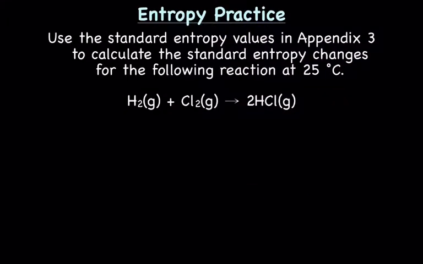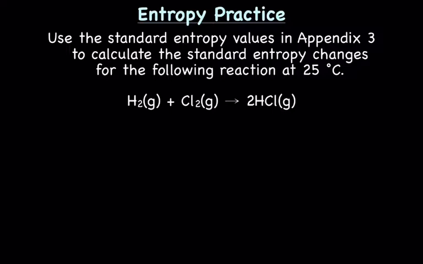Let's just try one real quick math problem. Nothing major here. We're going to use the standard entropy values in Appendix 3 to calculate the standard entropy changes for the following reaction at 25 degrees Celsius.